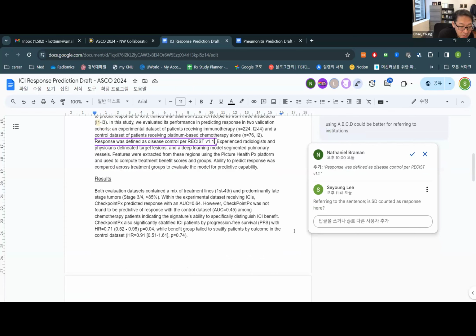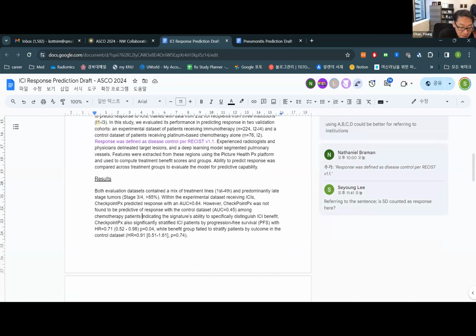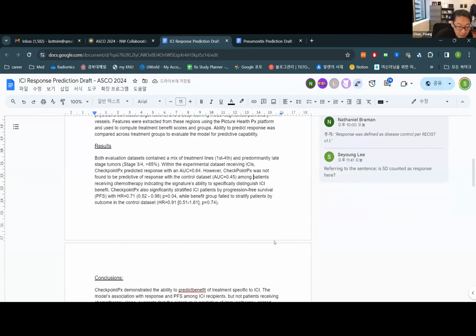So I wouldn't call it chemotherapy patients, but patients receiving chemotherapy. I would change that. Patients are not chemo patients. Indicating the signature's ability to specifically distinguish ICI benefit. Checkpoint PX also stratifies ICI patients by progression-free survival, 0.7.